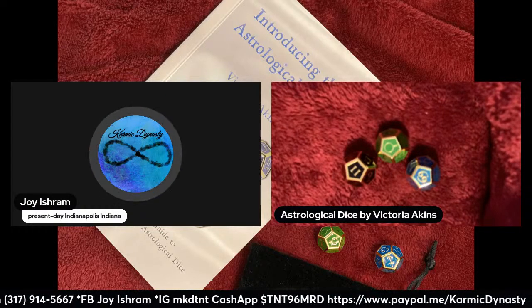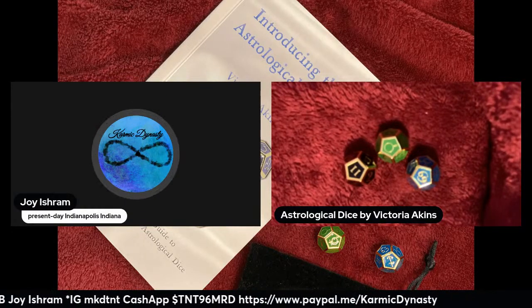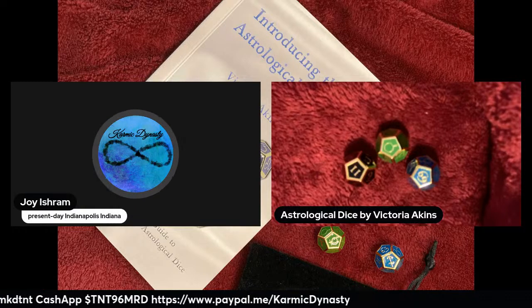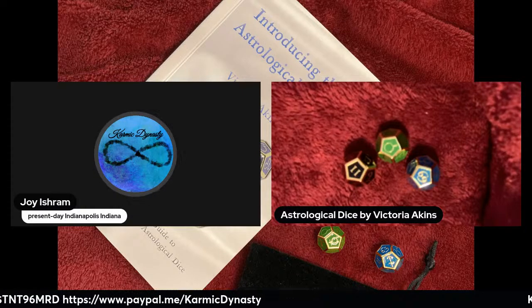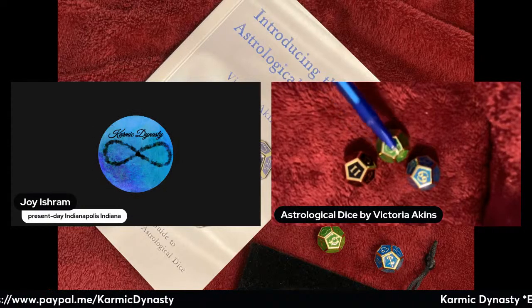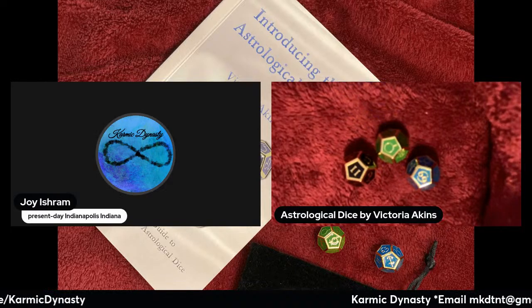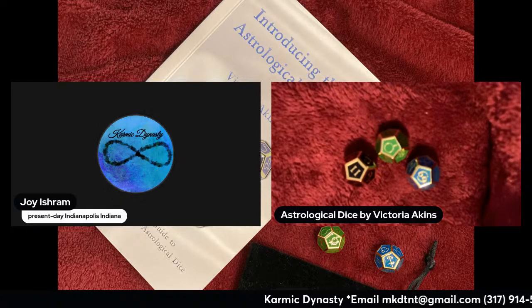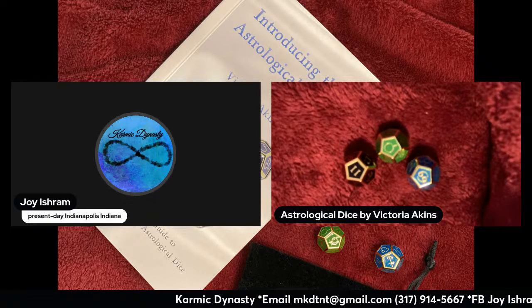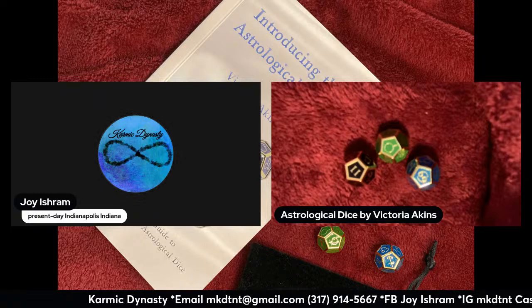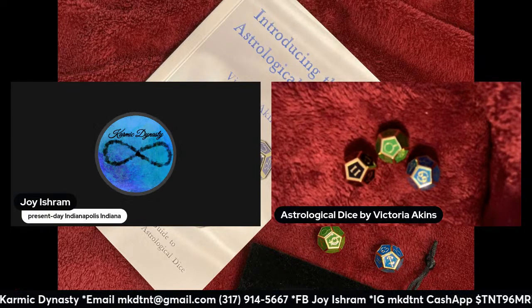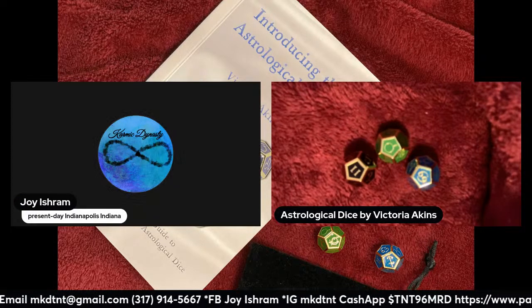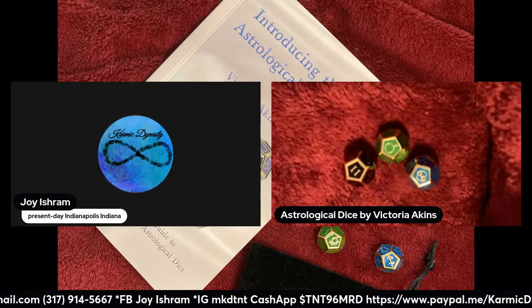The astrological dice come in sets of 3. We already showed those. We have the planets dice. And the planets dice includes the moon, the sun, the north node, and the south node. And then the zodiac dice, the blue one.